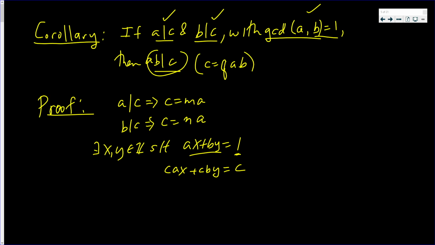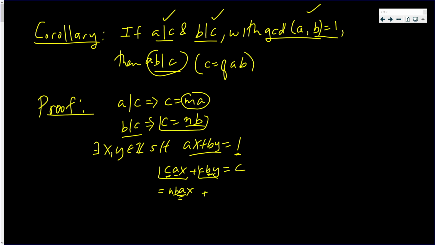And you're like, shucks, over here I only have A, and over here I only have B. But I can write C using B. B divides C means that C is a multiple of B, and I can write C using B's. So here I have my AX, but I want C to have B in it. Ooh, C is NB. So now I'll be able to factor out AB.